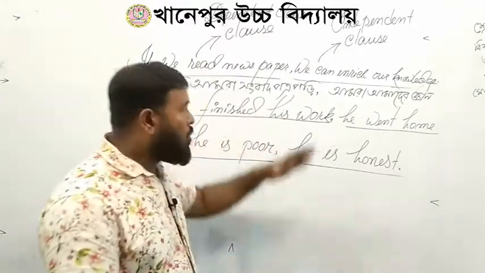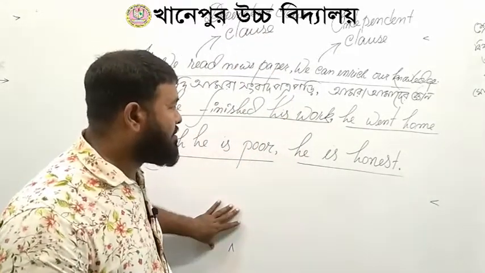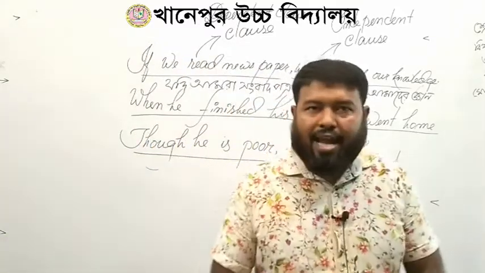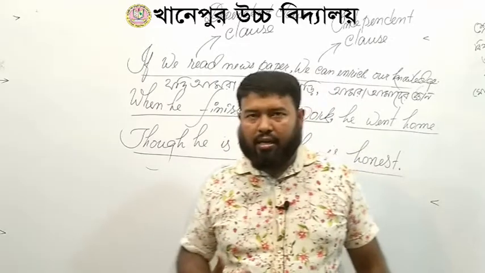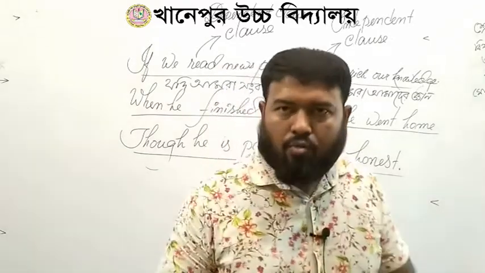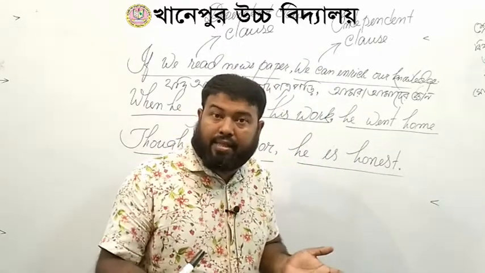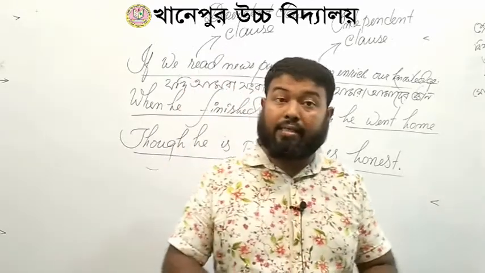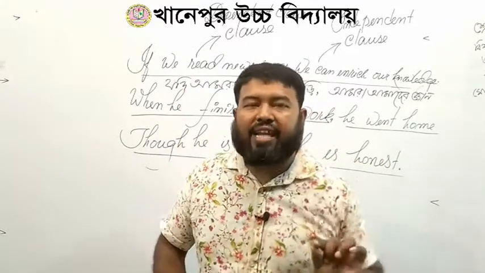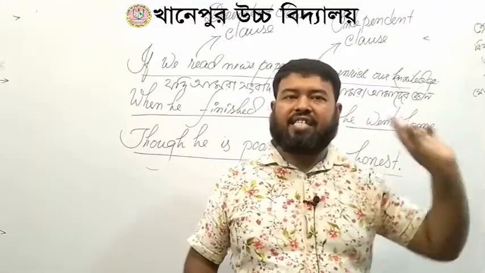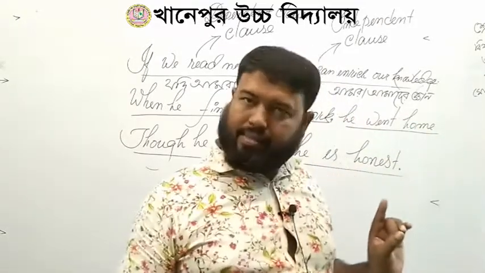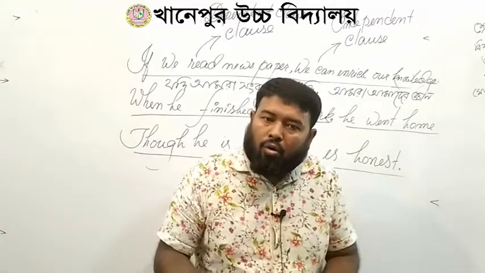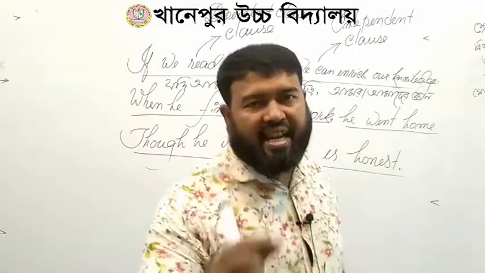So we can understand, and if we want to describe it according to English grammar, what is a complex sentence? A complex sentence is a sentence that contains a principal or independent clause and one or more dependent clauses.